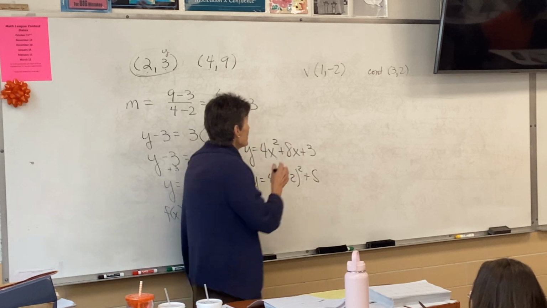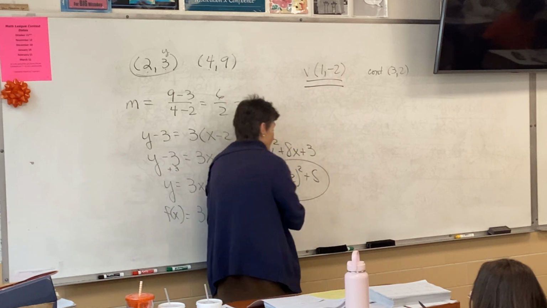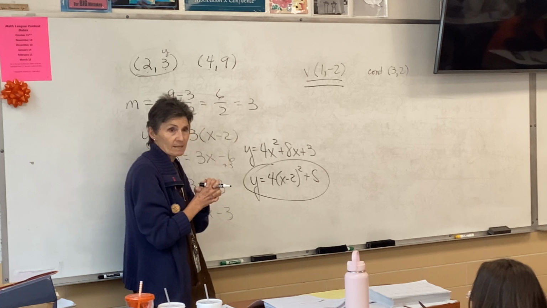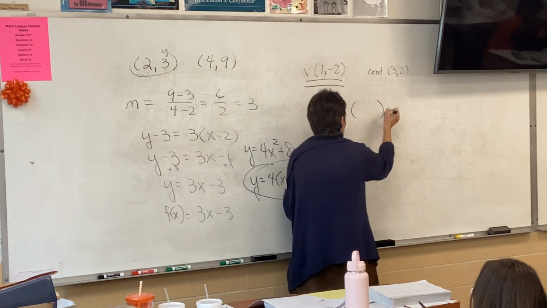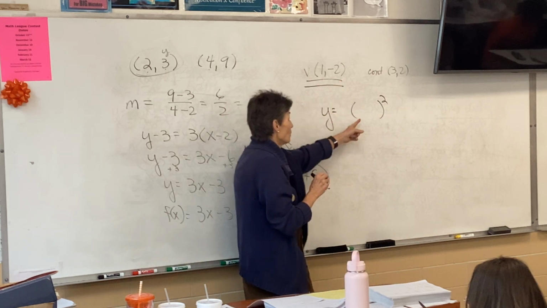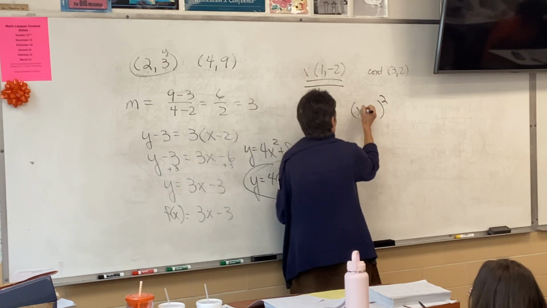So if I know my vertex, can I write that kind of equation to tell what that vertex is? So y equals, what would be in the parentheses if my vertex is 1, negative 2? What's going to go in there? X minus 1.